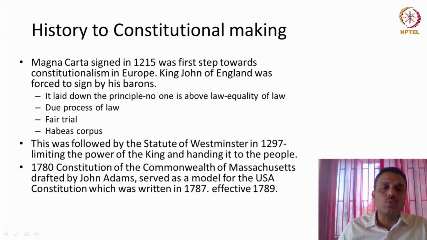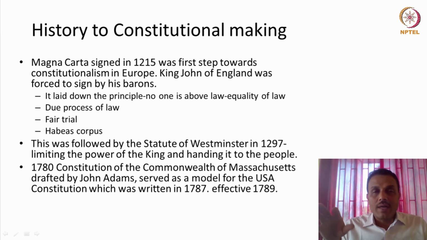What did the Magna Carta do? As a document, it laid down certain principles, one, that the administration, which is the so-called king or the monarch, must follow due process of law, because that is the most important principle.